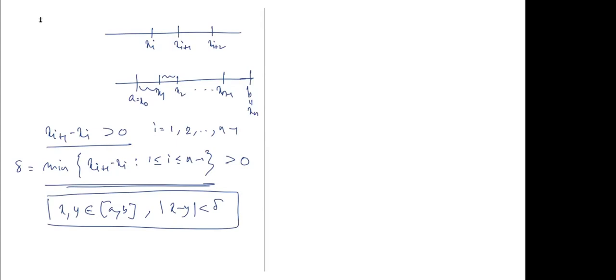Now, in terms of this partition, what can you say about x and y? If they belong to the same partition, then it's less than epsilon. No, f(x) we will come to later, but just the position of x and y.